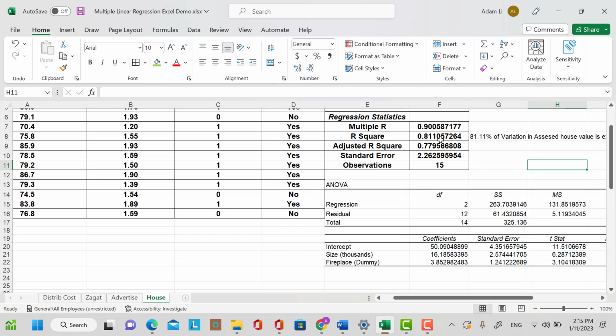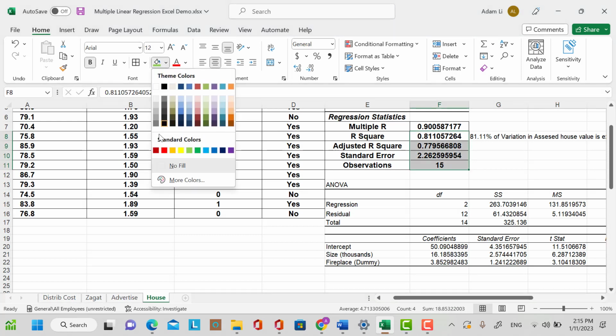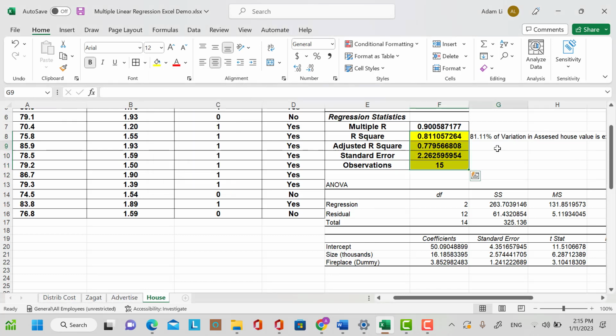Okay, let me just highlight this with a color. Okay, and let's interpret the adjusted R square here.